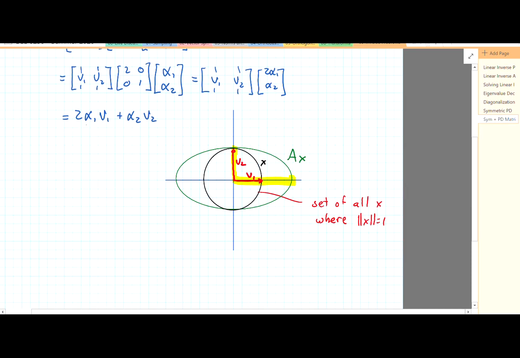To the degree it contained v1, it will be stretched by a factor of 2. So something, say, right here is now stretched less than a factor of 2 and more than a factor of 1. And we can get that from the spectral decomposition, or representing x in terms of its eigenvectors.